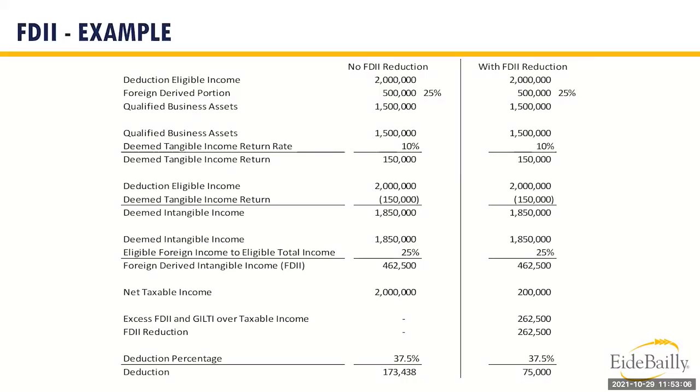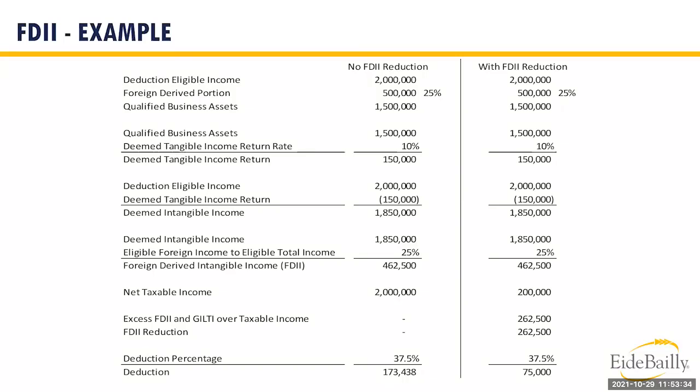Now we need to determine what portion of that deemed intangible income would be considered the foreign derived intangible income. So we apply our eligible foreign income ratio of 25% to the deemed intangible income to come up with our FDII amount of $462,500.